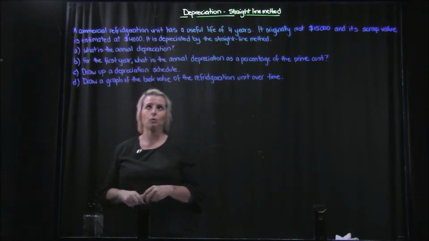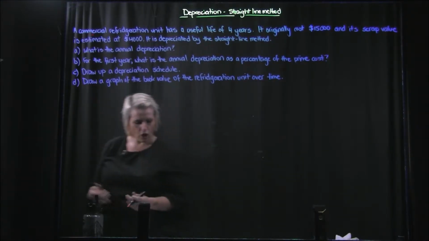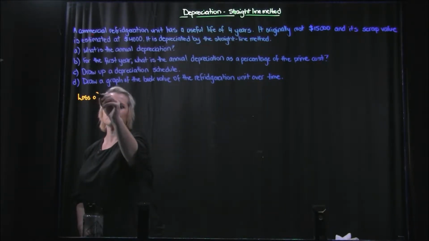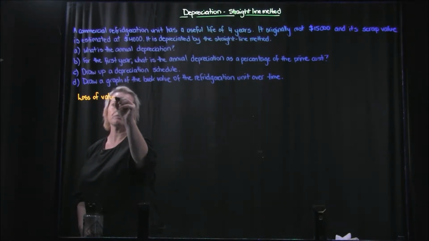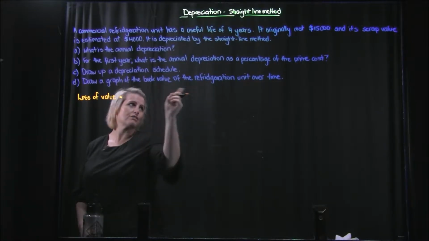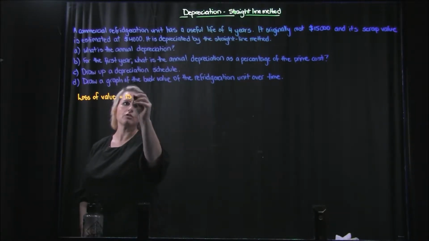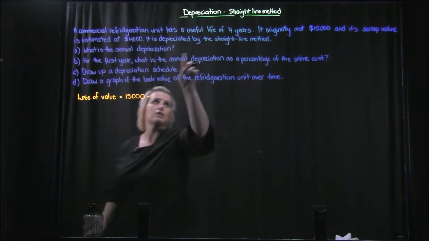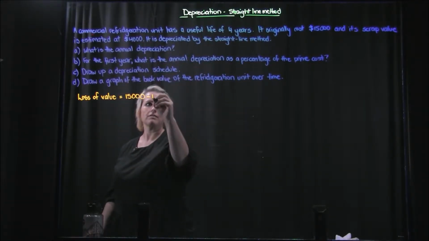First of all, we're going to work out the annual depreciation. We can do that by looking at the loss of value first. So our loss of value is our original cost. It cost us $15,000 and it's going to be worth $4,000.